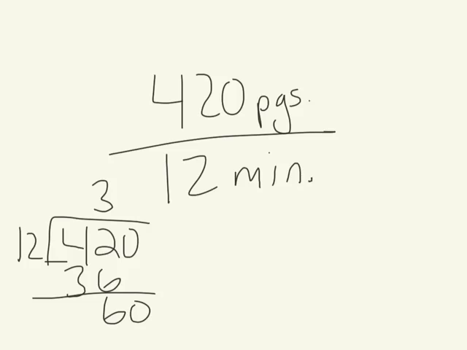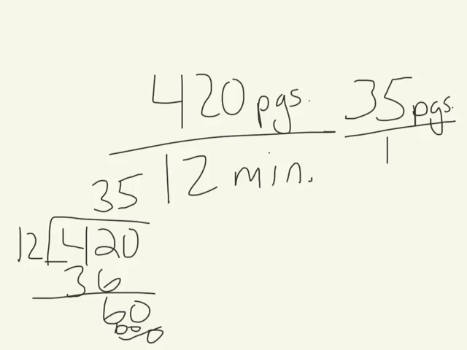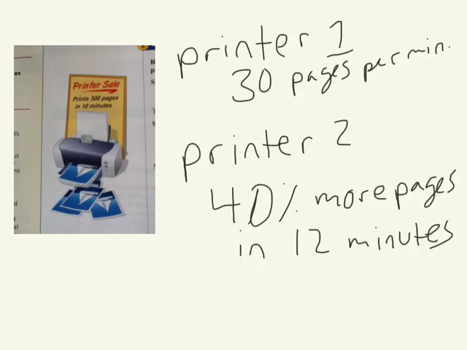And when we subtract that, we get 60. 12 goes into 60 5 times. So our unit rate's going to be 35 pages for every minute. So we know that Printer 2 prints 35 pages per minute.